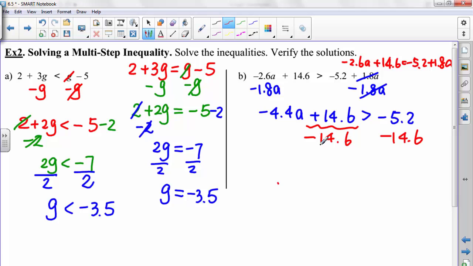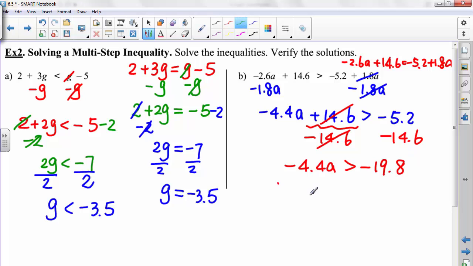When you subtract the same number from both sides of the inequality, you always can keep the direction of the inequality sign. So you cancel them, you will have negative 4.4a left, then still keep the greater than sign. You have negative 5.2 minus 14.6. You can get negative 19.8.